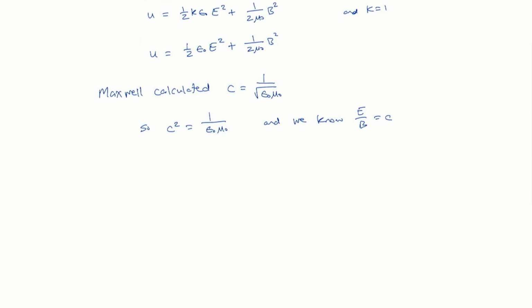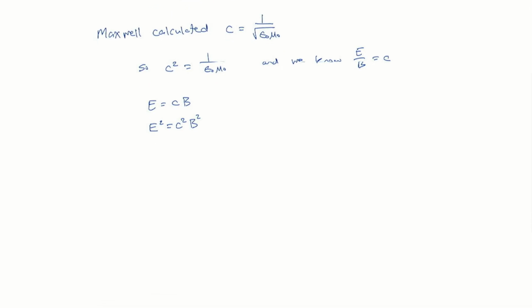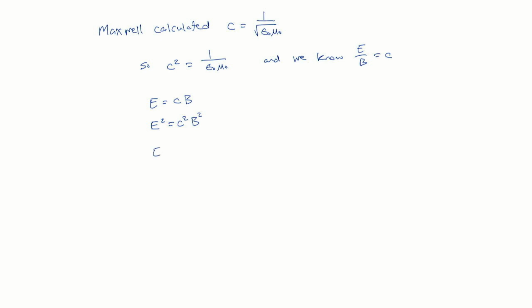Okay, so let's start with that. E is c times B. We can square everything, so E squared is c squared times B squared. Now we can substitute for c squared. So we have E squared is 1 over epsilon 0 mu 0 times B squared.